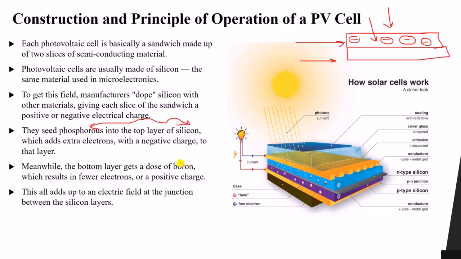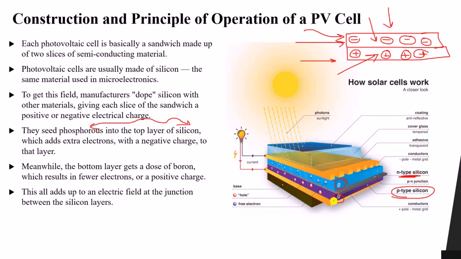Now when we inject boron into the second layer, we will have extra positive holes. They call them holes, or positive charges. So in the end we have a top layer called the N-type silicon, with negative charges, and a bottom one called the P-type, full of positive charges.